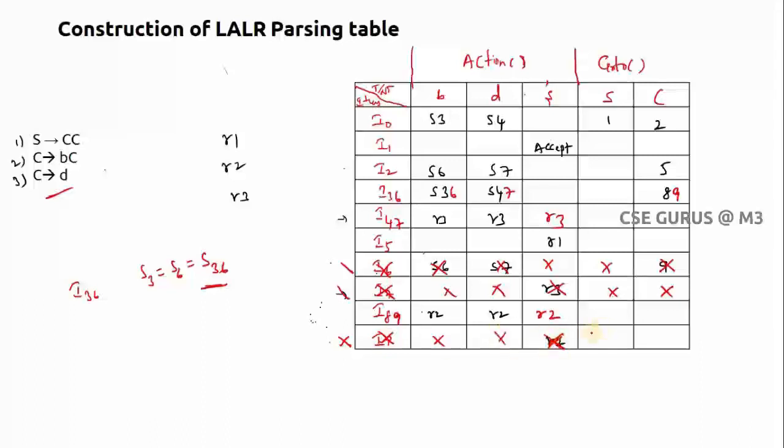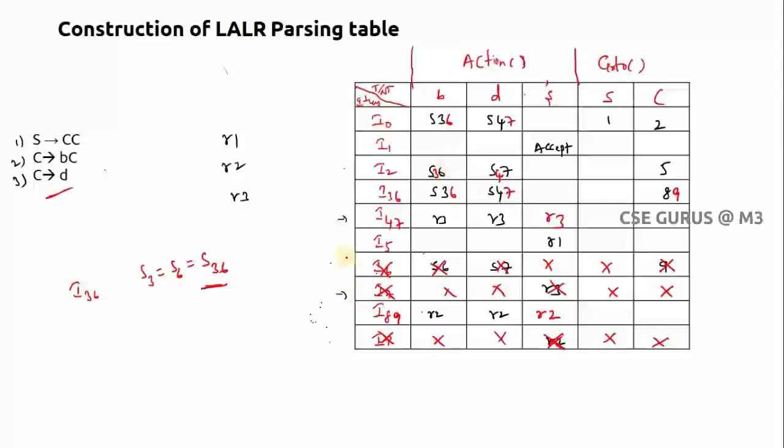So instead of writing 2 rows, it is given in 1. Now you can see I have to rearrange: S3 will become S36, S4 will become S47, and here also instead of S6 I have to write S36, and instead of S7 I have to write S47.